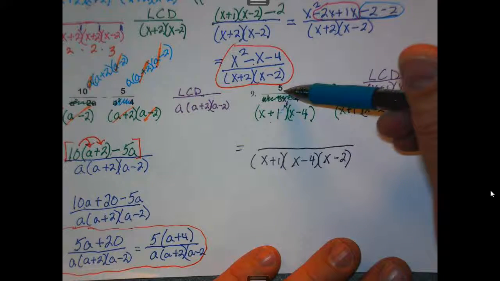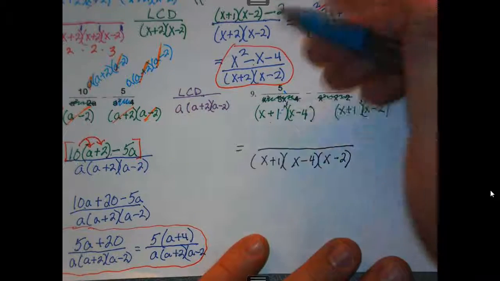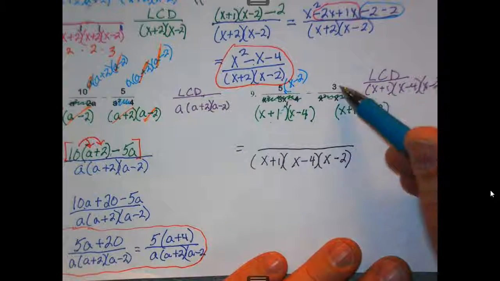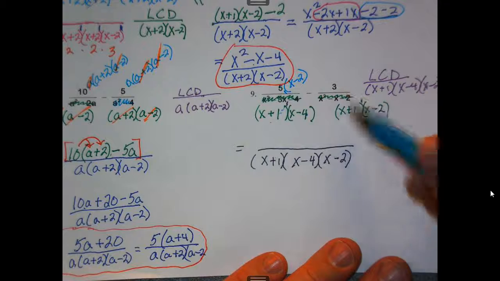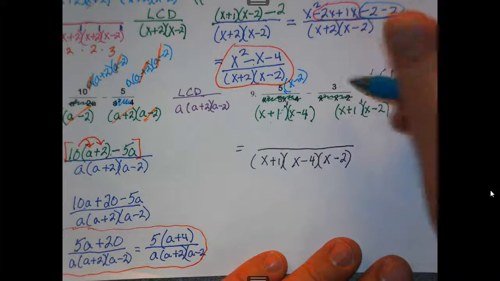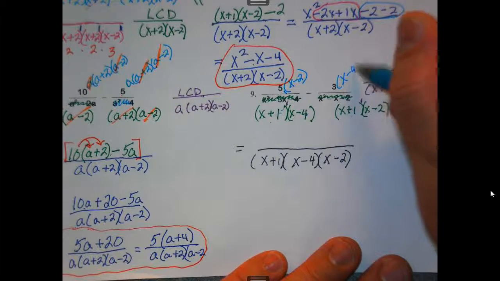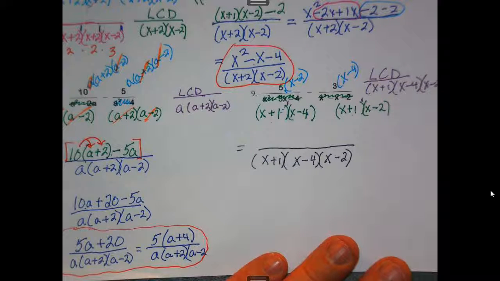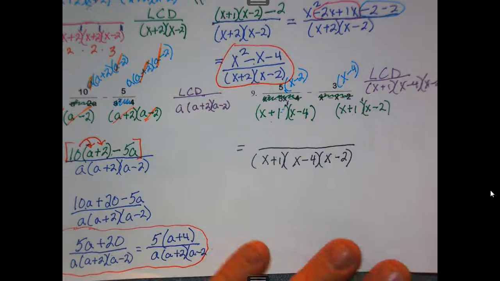So what am I going to multiply this 5 by? X minus 2. And what am I going to multiply this 3 by? X minus 4. Yeah, that's exactly what we're doing. See, they cancel out.